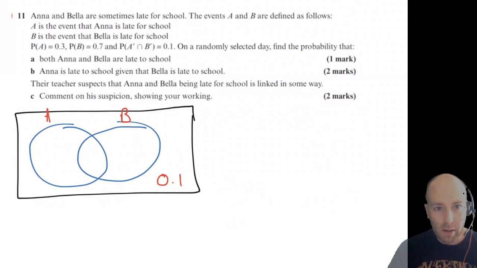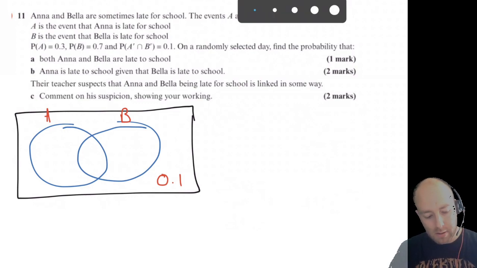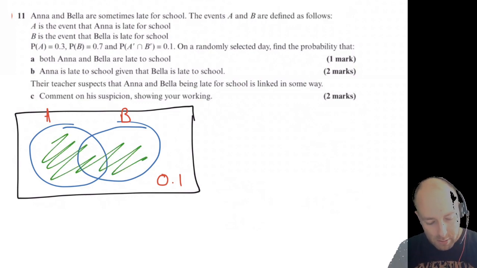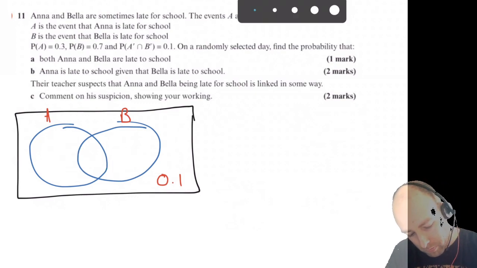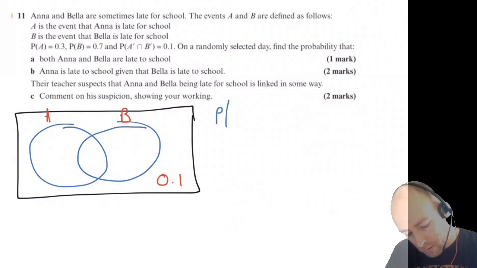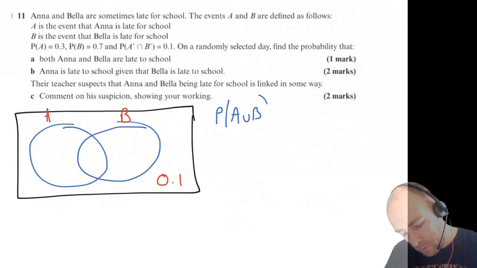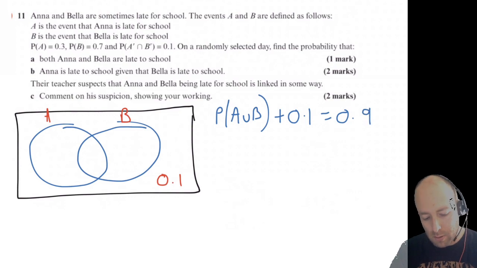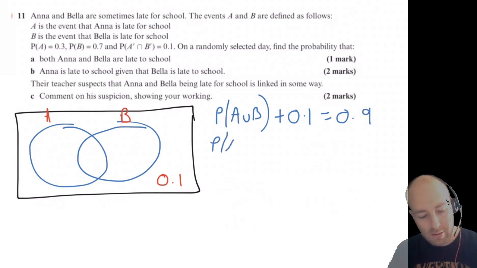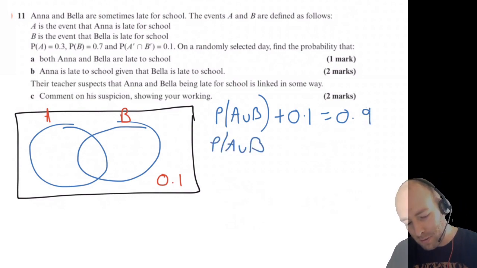Okay, so we can say the rest of the circle, the whole middle bit, all this stuff in the middle here, plus 0.1 should be equal to 1. So A or B plus 0.1 equals 1. Sorry, I was thinking one step ahead there.